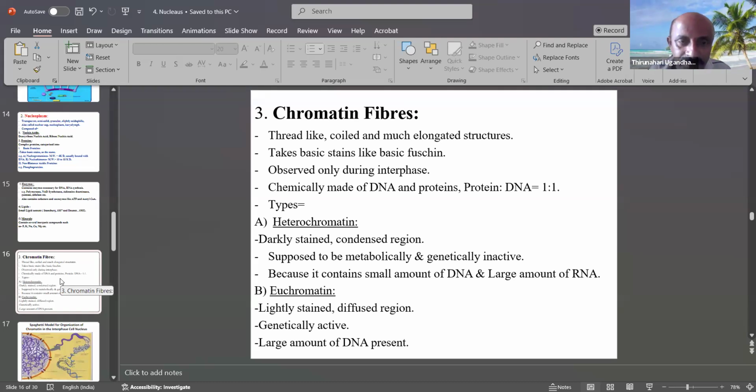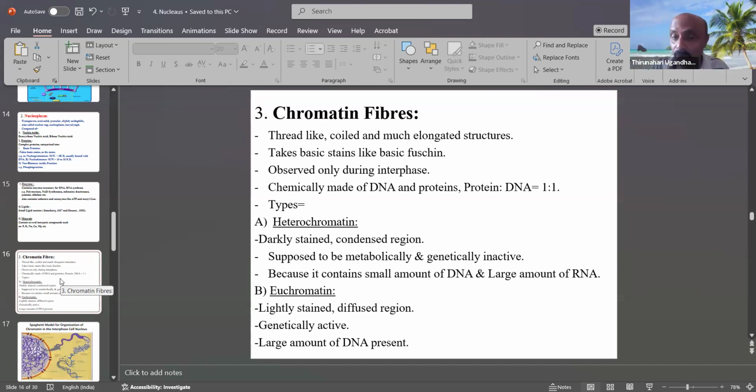The first one is the chromatin bodies, which can be classified into two types, heterochromatin and euchromatin. What does it mean? Hetero means different, dark in color. This darkly stained condensed region is supposed to be metabolically and genetically inactive, because it contains a small amount of DNA and a large amount of RNA.